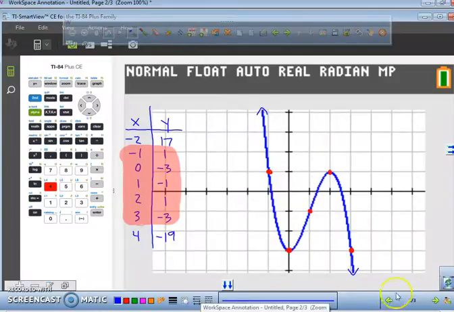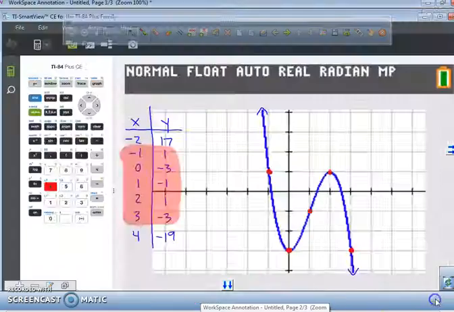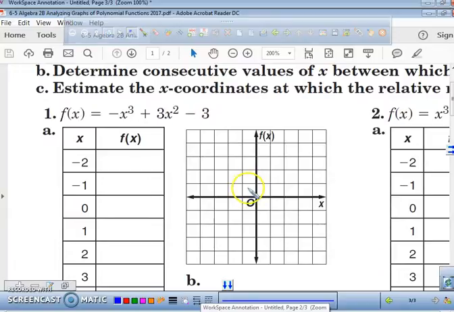So I'll go back to right here. We're going to plot these points. So negative 2, I can't plot because that's way up at a 17. But negative 1, I can plot. That's at a 1. So if you guys would, negative 1, 1, put it right there. 0, that was at a negative 3.